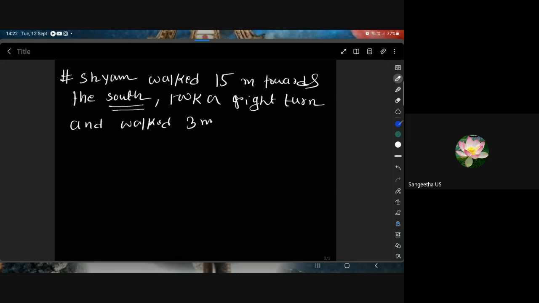He took a right turn again and walked 15 meters before stopping.